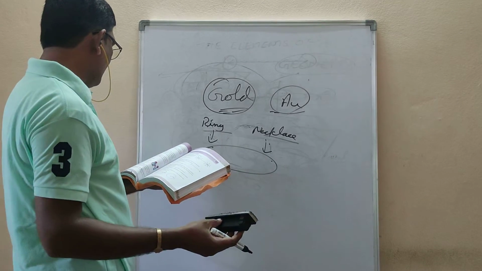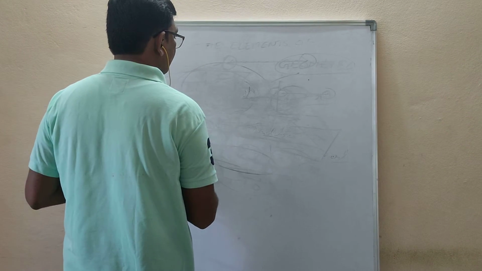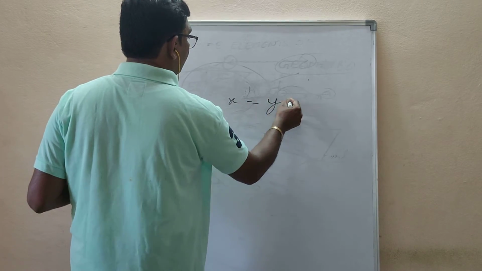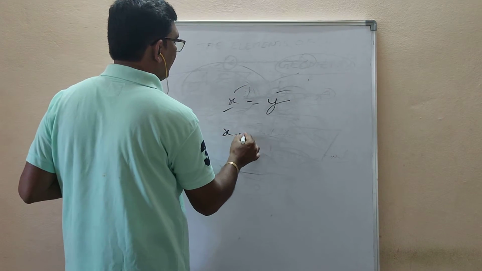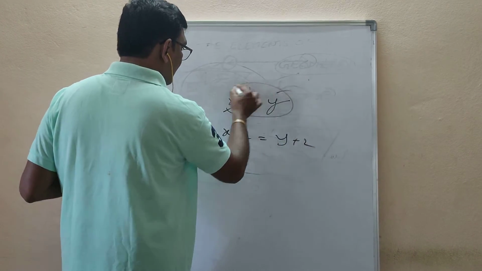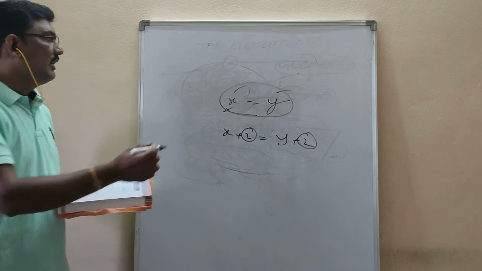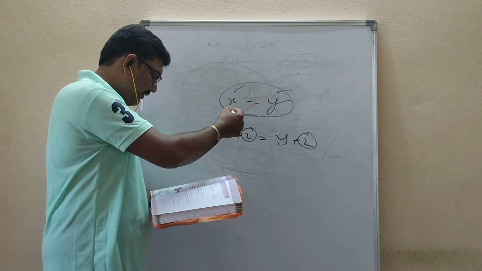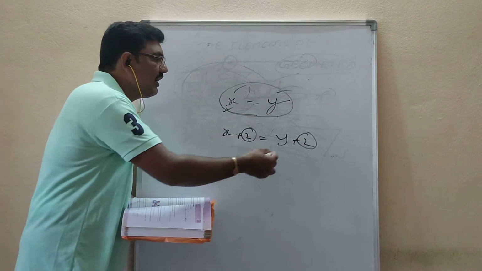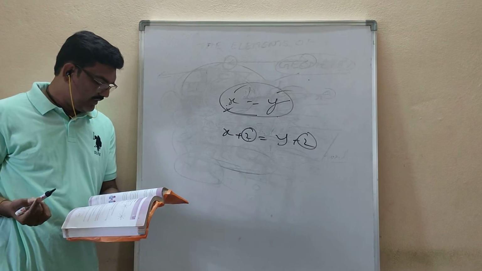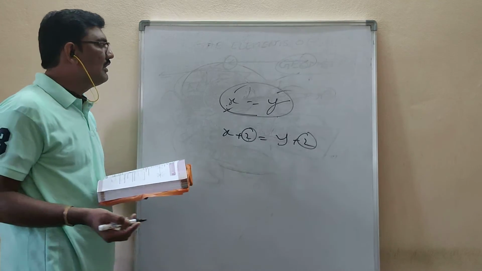I am taking x is equal to y. Both are equal only. I am adding 2 on this side and that side. If x is equal to y, then x plus 2 is equal to y plus 2. If equals are added to equals, the wholes are equal. Next one: if equals are subtracted from equals, the remainders are also equal.